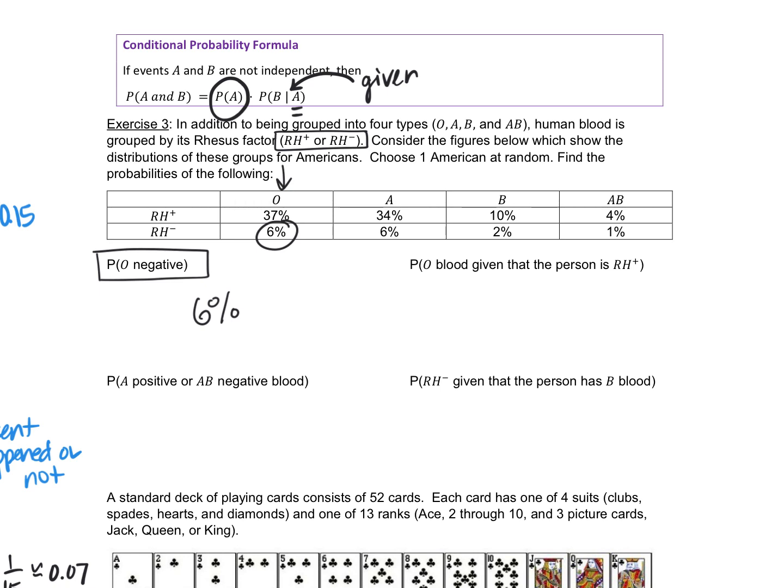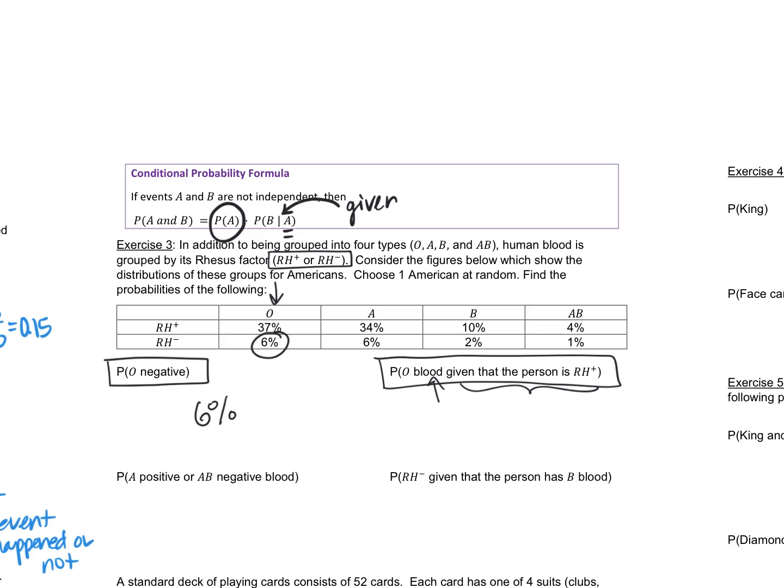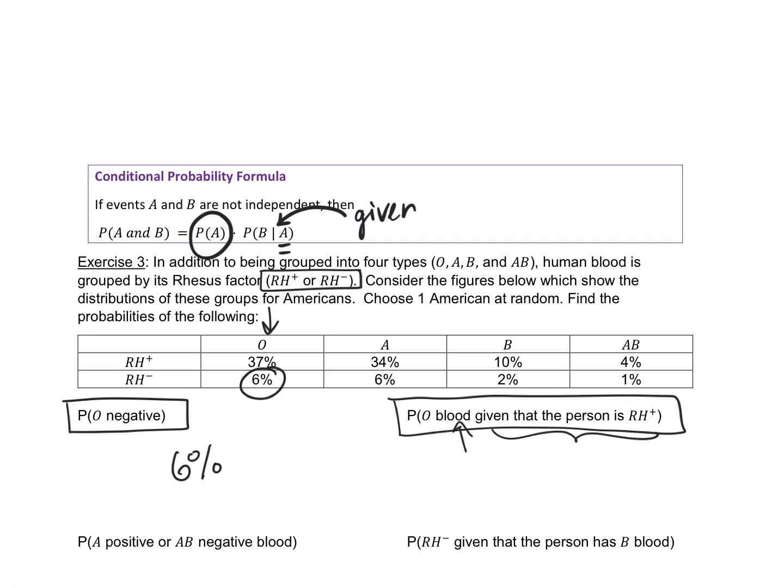All right. For the next part, it's really a conditional probability that they have O blood given that they're RH positive. I'm going to go back to that definition really quick, and I want to rewrite this another way.